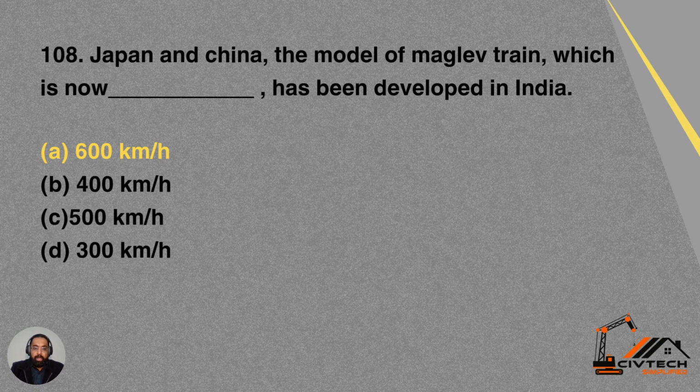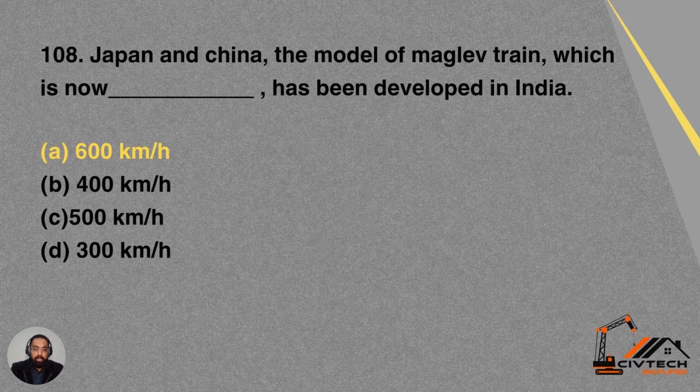Question 108. Japan and China, the model of maglev train, which is now dash, has been developed in India. So the modern railway network is maglev train, and India has 600 kilometer per hour speed of it.